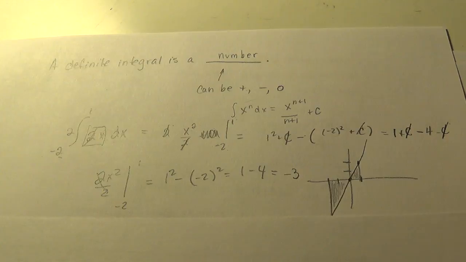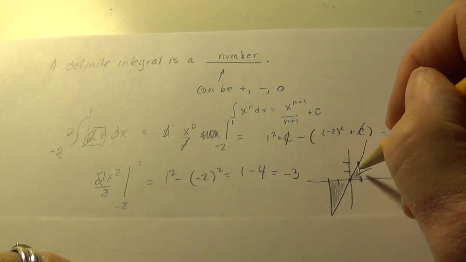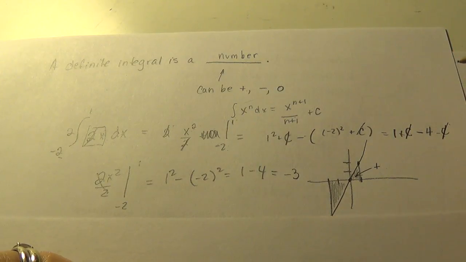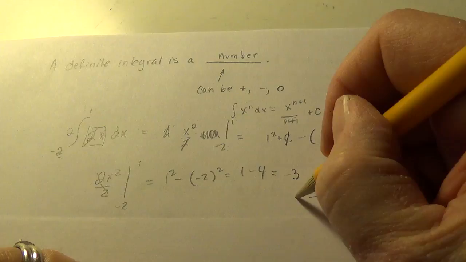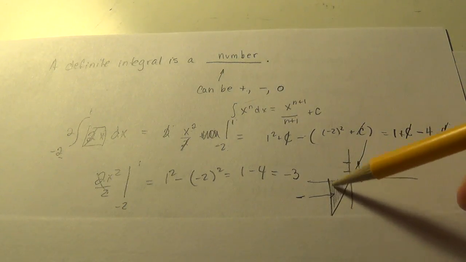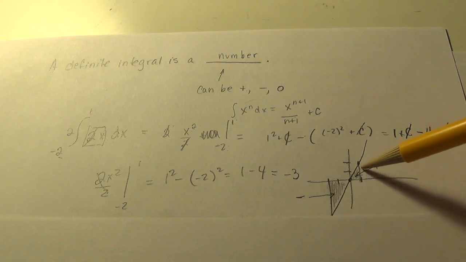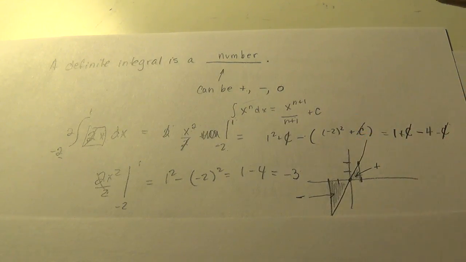So what the integral does, it takes any area above the x-axis and calculates it as positive, and takes area below the x-axis and calculates it as negative. So you can see from our picture there's more negative area than positive, thus that's why we have a negative answer.